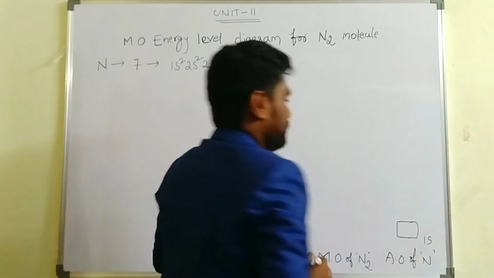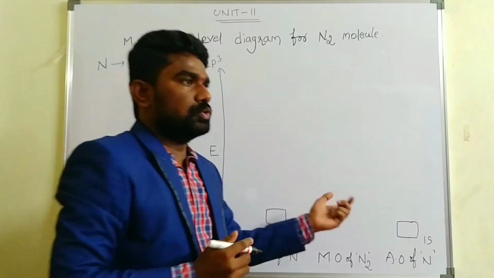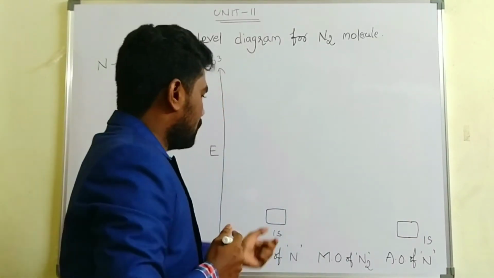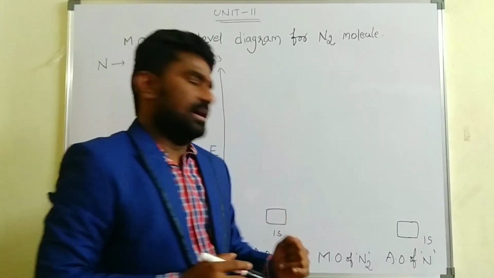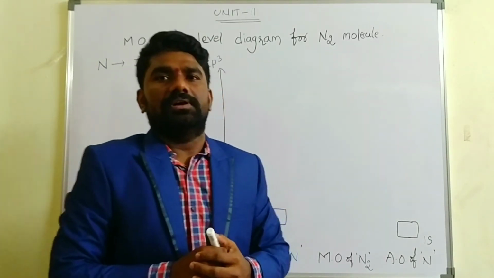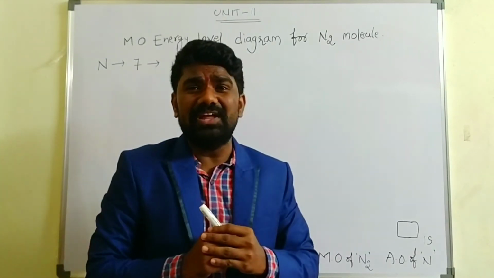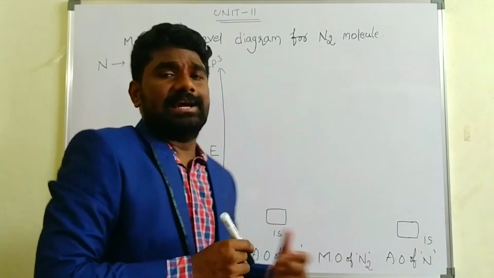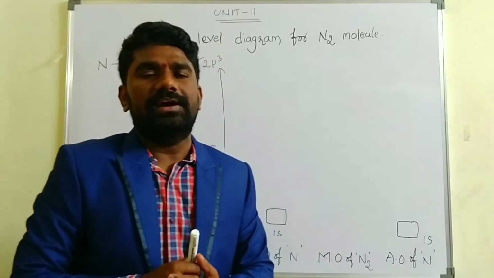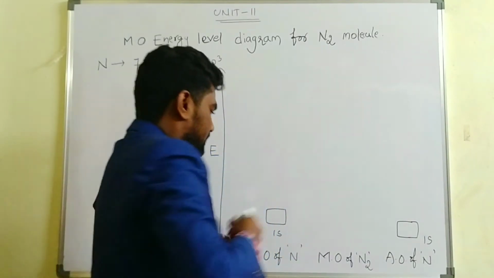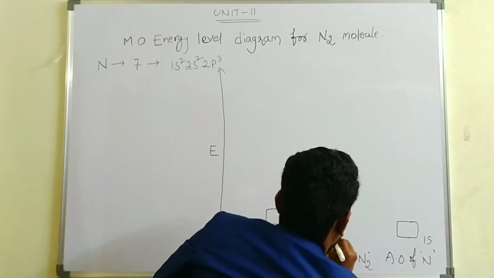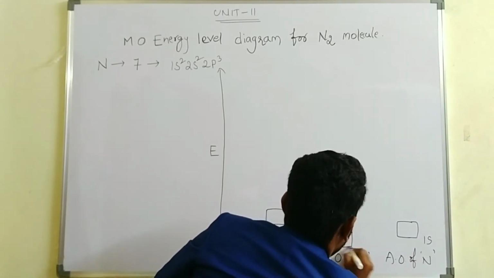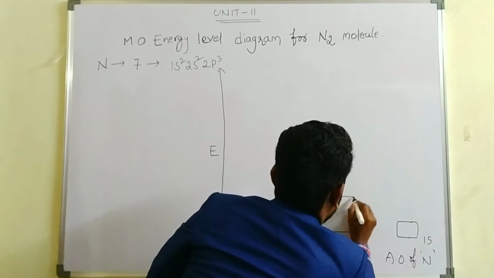They can form two molecular orbitals, where one is the lowest molecular orbital and the other is the highest molecular orbital compared to their constituent participating atomic orbitals, isn't it? Here we are going to get two molecular orbitals.